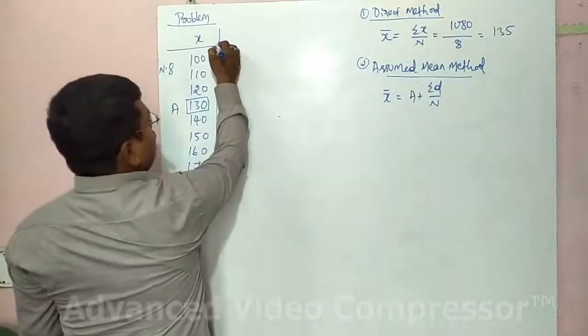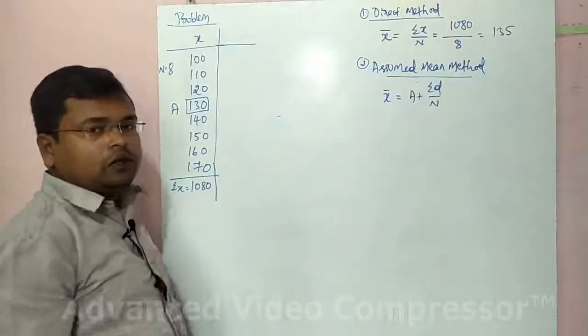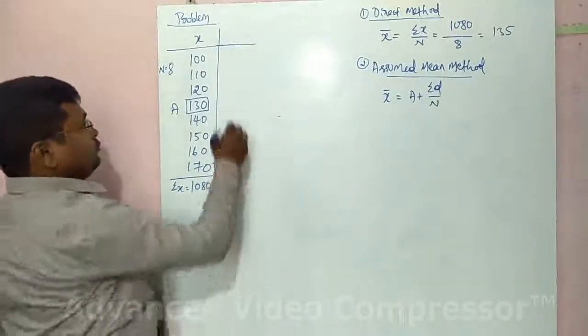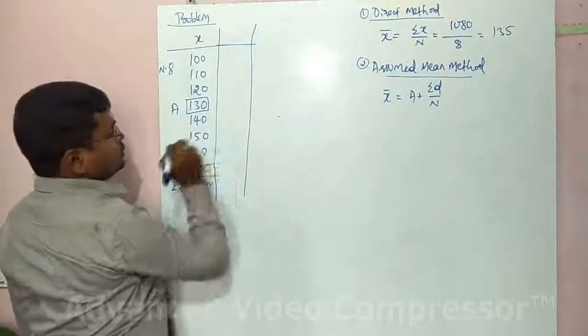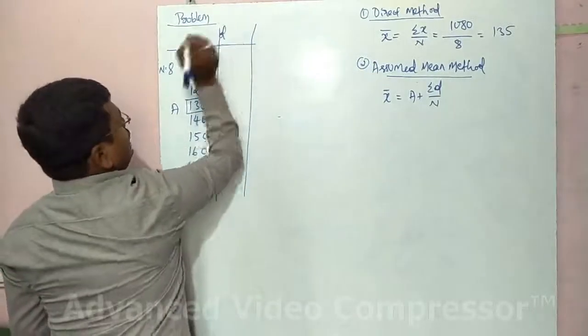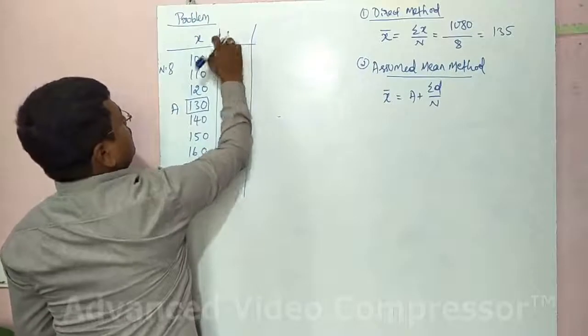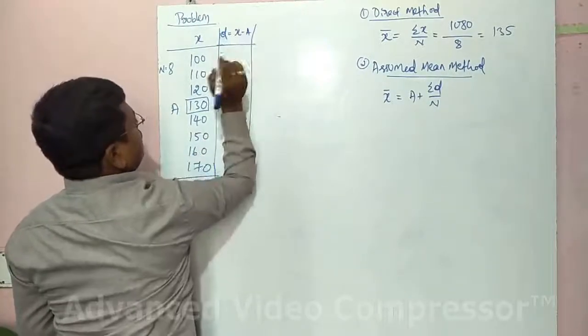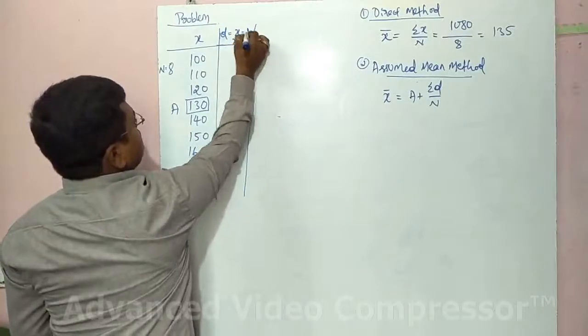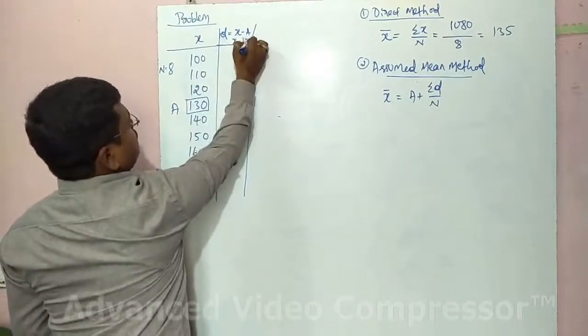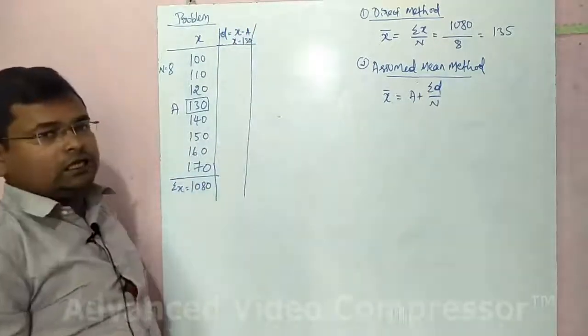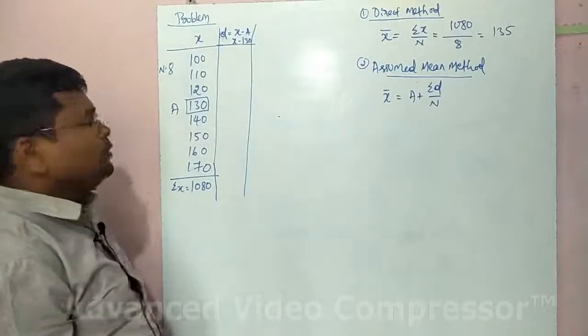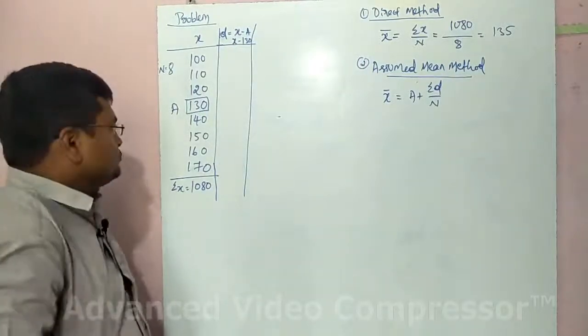Now let us calculate the d column. We have to prepare one more column here, the d column. As we have discussed, d means x minus a, and we have selected a as 130.